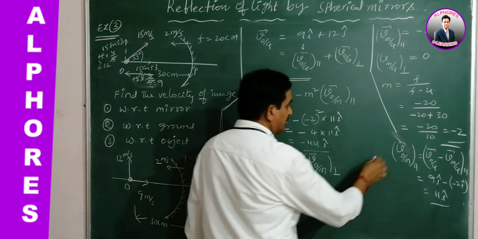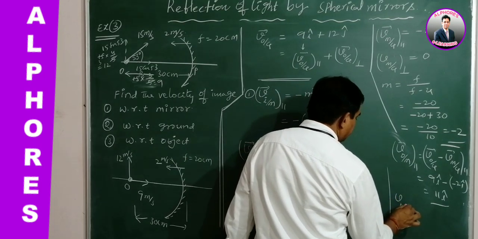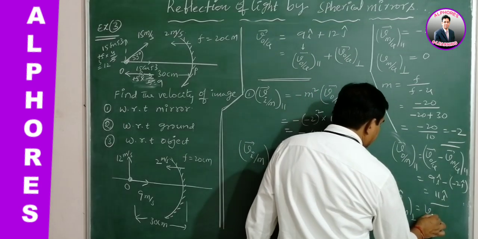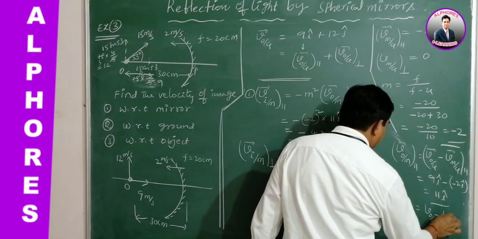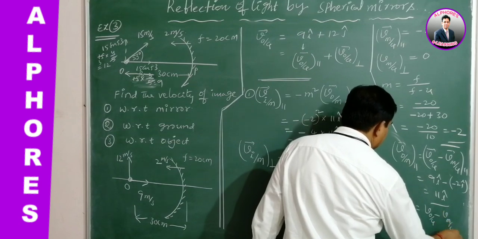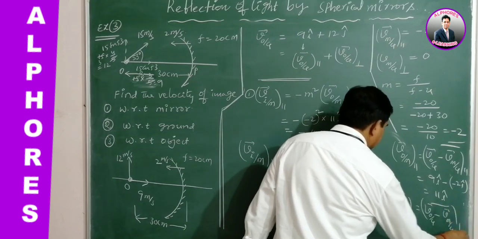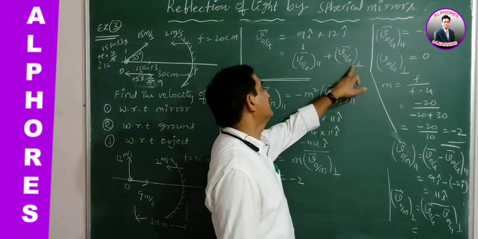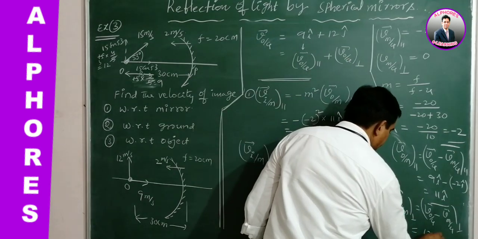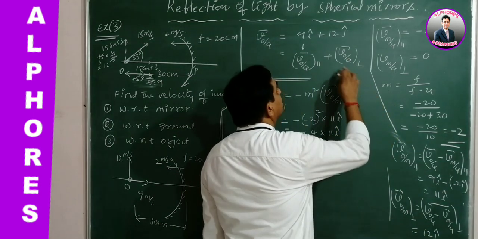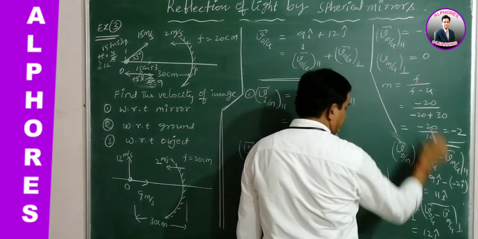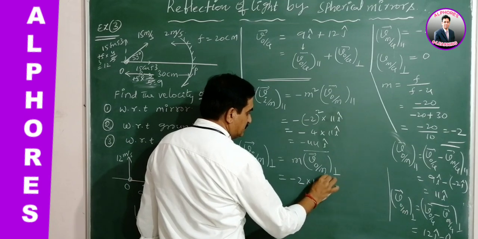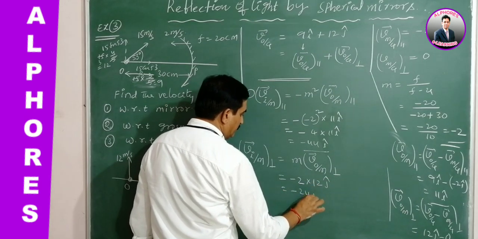Object with mirror, perpendicular component, is object with ground minus mirror with ground in the perpendicular direction. Object with ground perpendicular is 12j, and mirror with ground perpendicular is 0. Therefore it is only 12j, which gives us minus 24j.